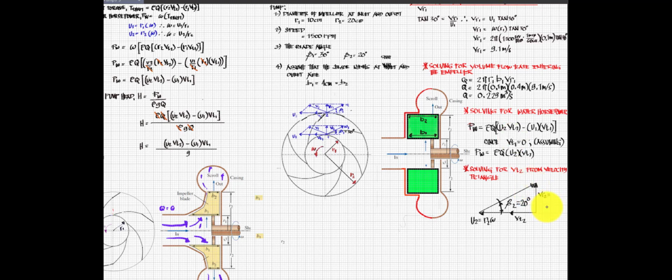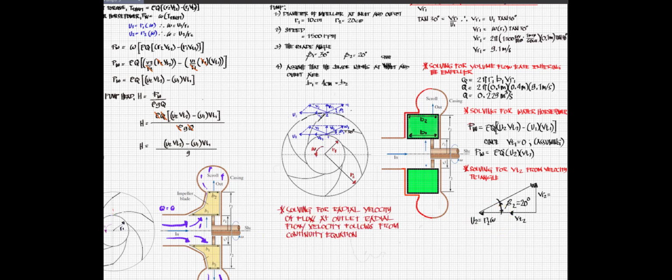So hanapin muna natin yung value ng VR2, the fluid velocity at the outlet, which we don't have yet. U2 can be computed since the radius 2 is given and the angular velocity can be computed since we have the given RPM.